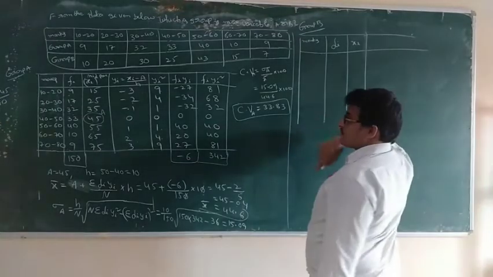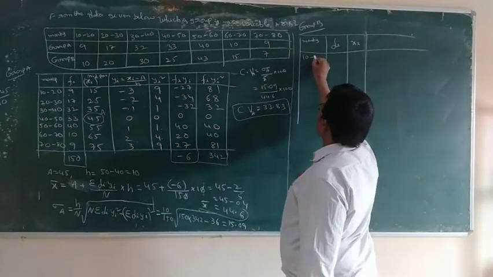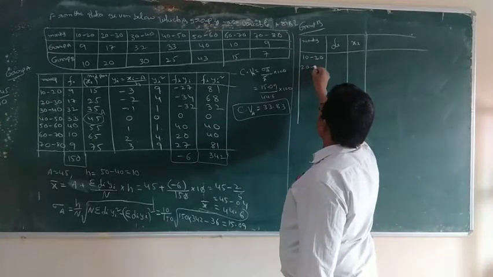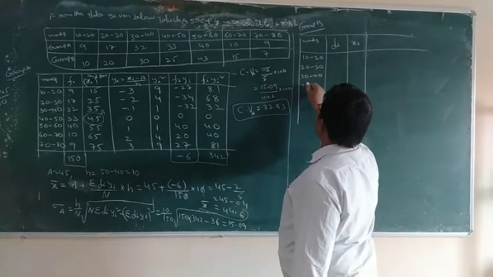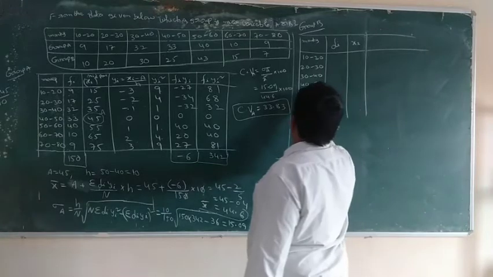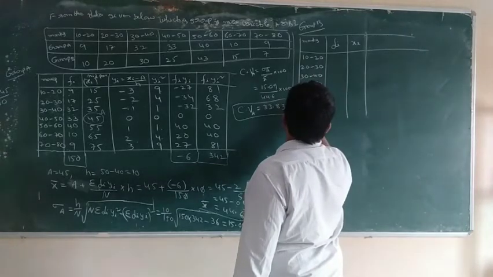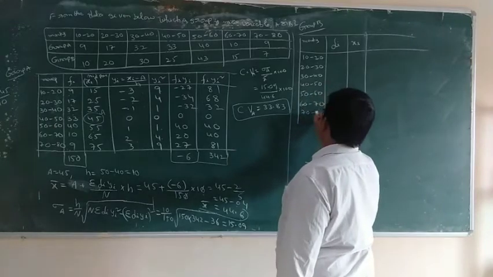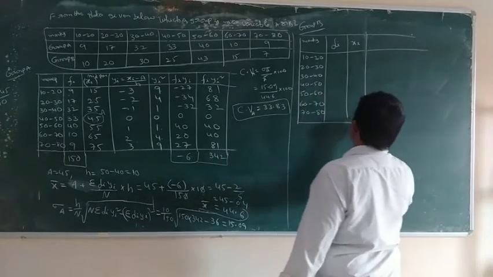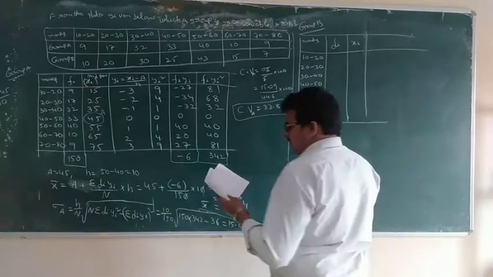Same again, only the frequencies are different. So marks 10 to 20, 20 to 30, 30 to 40, 40 to 50, 50 to 60, 60 to 70, 70 to 80. These are the same, frequencies are different.